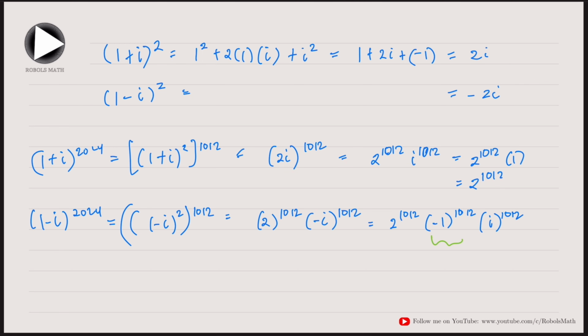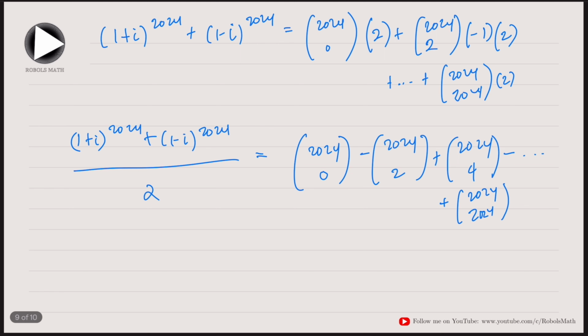This expression here is just positive 1 because we have an even power, and this one is also equal to 1 because we have 1012 being divisible by 4. So this expression here is equal to 2 to the 1012 as well. Okay, so both expressions here are equal to 2 raised to 1012.